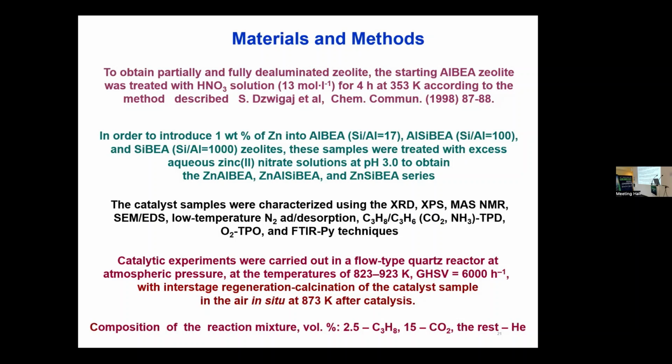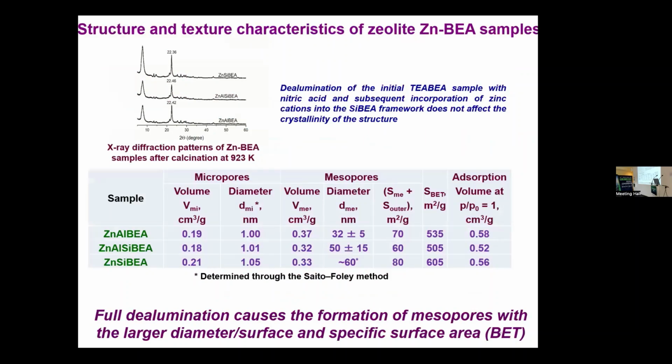So now I would like to show you the structure and textural characteristics of the Zn beta zeolite samples. We can see that the XRD diffraction of these 3 catalysts is very similar. This means that dealumination and incorporation of Zn do not affect the crystallinity of the zeolite.